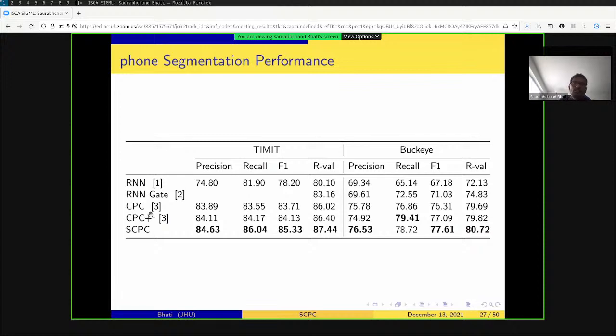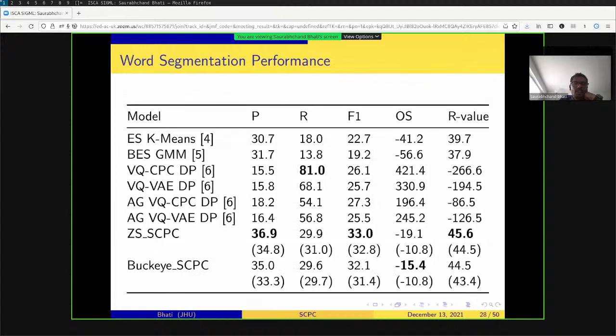So it just shows that adding more constraints or looking at multiple hierarchies in the speech signal can be really helpful in low resource scenarios. And we do the same for word segmentation performance, and we compare this with a bunch of methods.